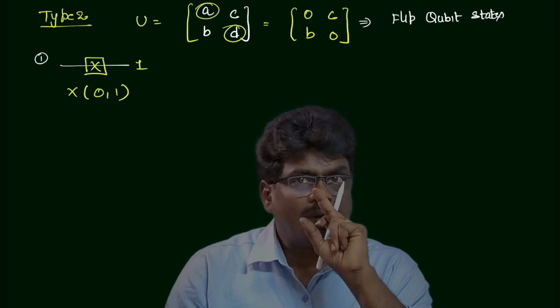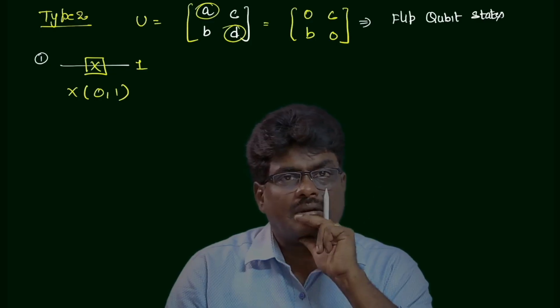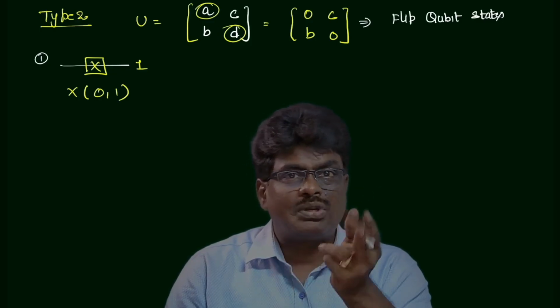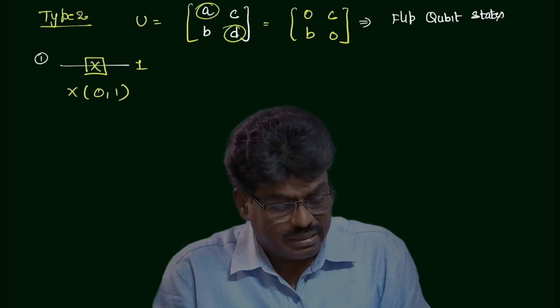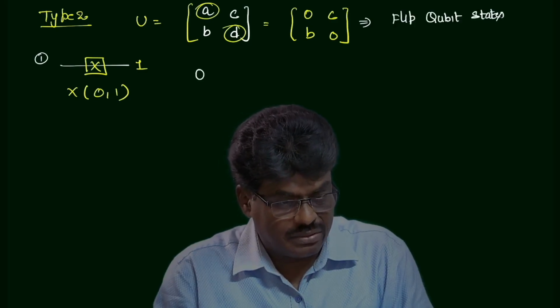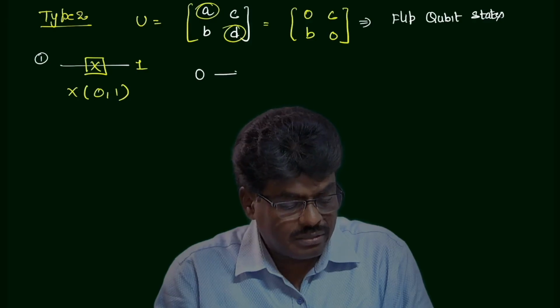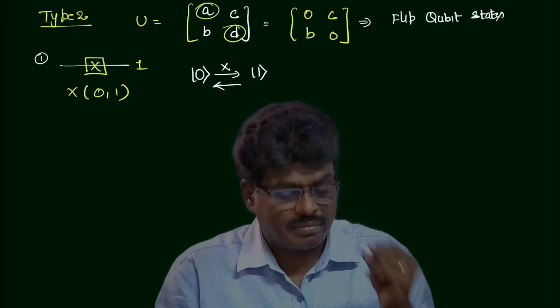Now this is a Pauli X gate, and type 2 will flip the qubit states. That means it flips 0 to 1, 1 to 0. So you need not find any matrix, directly you can write 0 to 1 and 1 to 0.